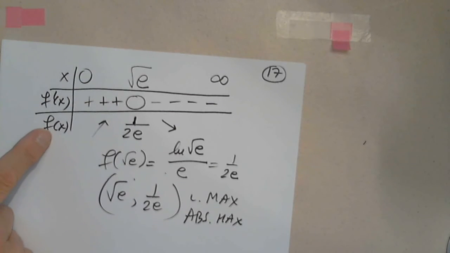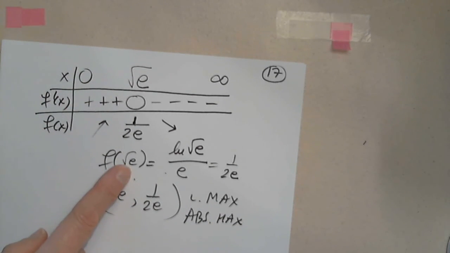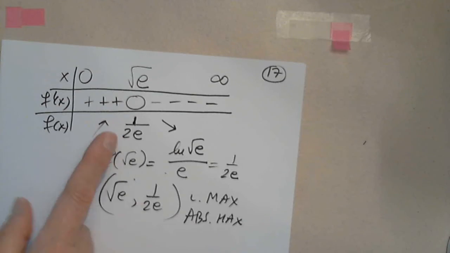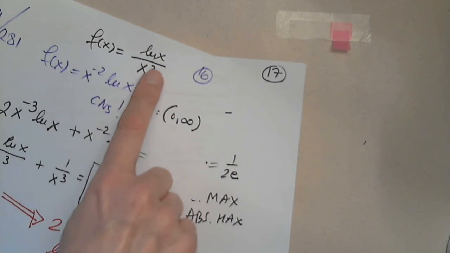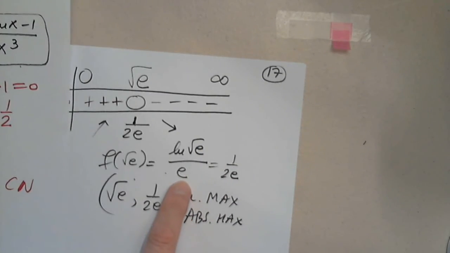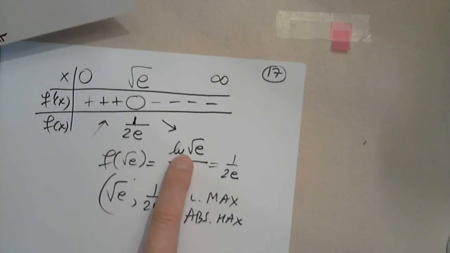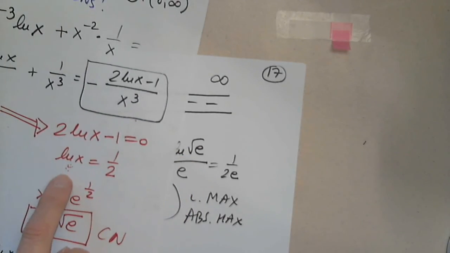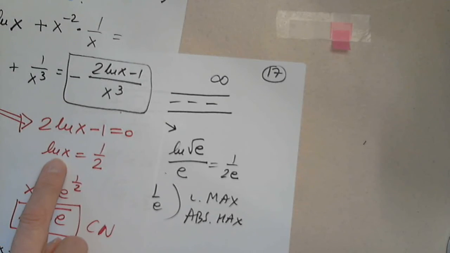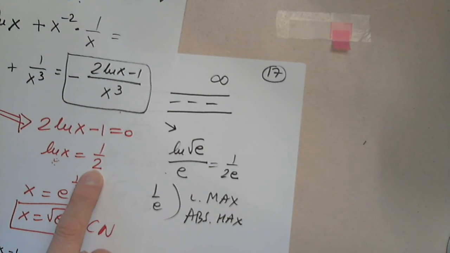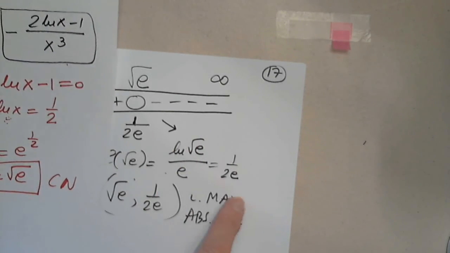F of the square root of e is natural log of the square root of e over the square root of e squared, which is e. And the natural log of the square root of e is 1/2. So 1/2 divided by e is 1 over 2e.